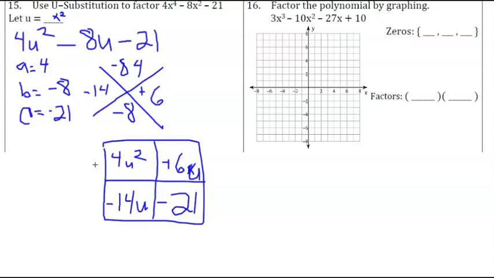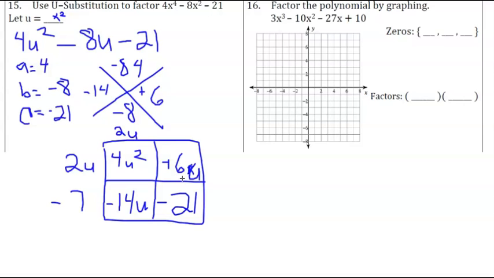From here, we'll factor out the GCF from each row and each column. The GCF of these two terms is 2u. The GCF of these two terms is negative 7. The GCF of these two terms right here is 2u.